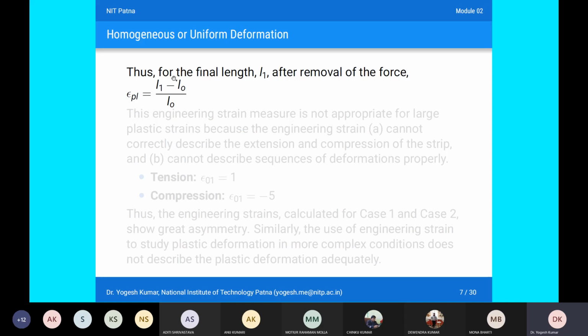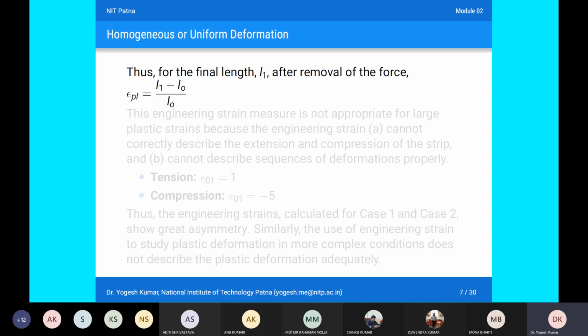This will give you the value of your total strain, or if you are considering it equal to your plastic strain, because the elastic strain is of very low order, we can say the plastic strain or the total strain is equal to L1 minus L0 upon L0.